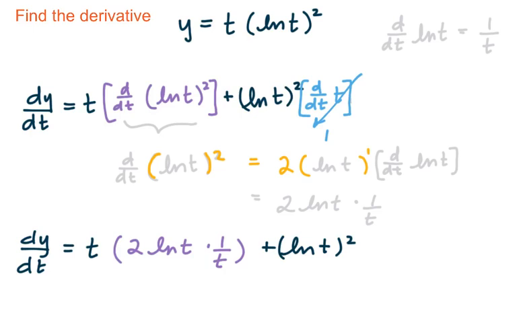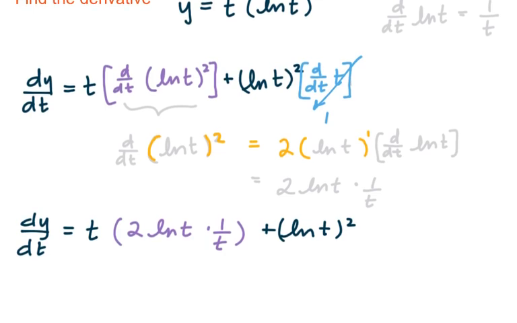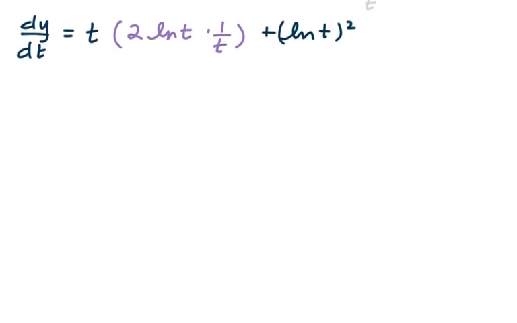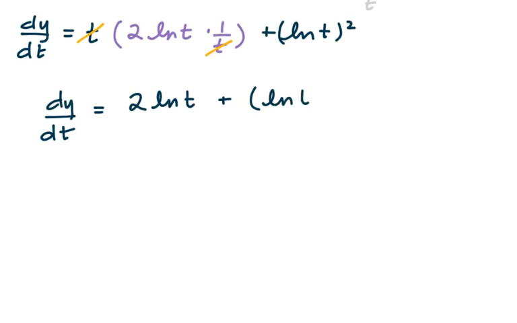At this point, we're basically done with the problem. We just use a little bit of algebra to clean it up. Looking at what we have here, the derivative of y with respect to t, you should notice divide by t times t, those are going to go away. And I have 2 times the natural log of t plus the quantity natural log of t squared.